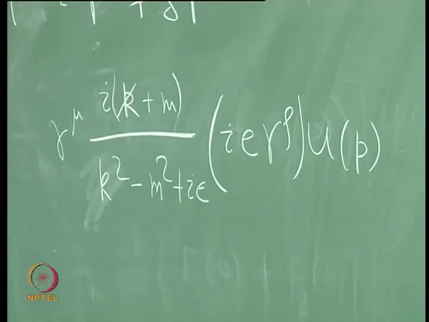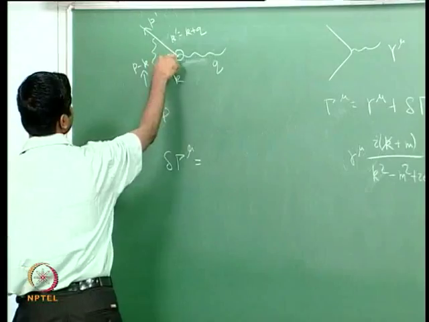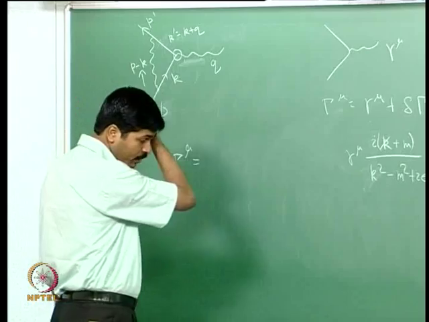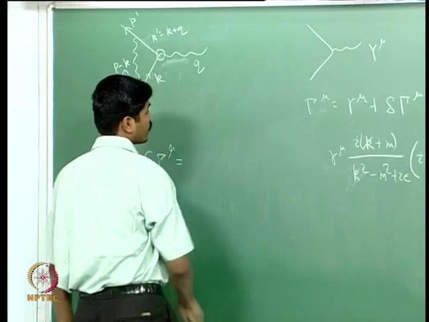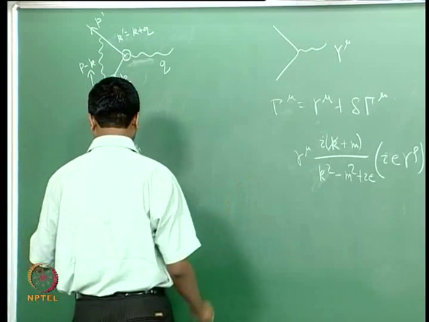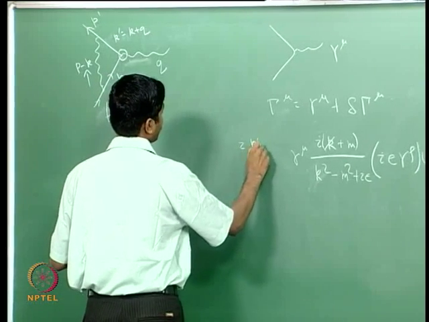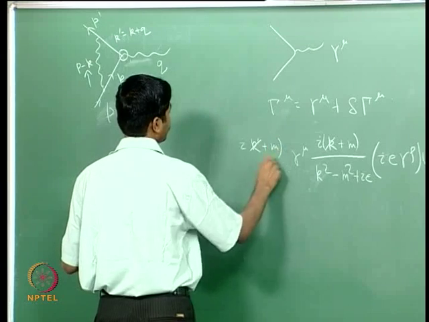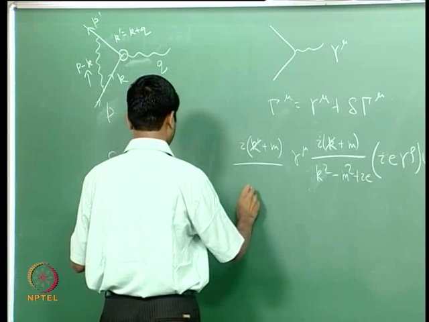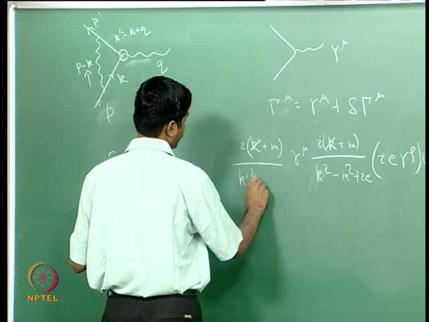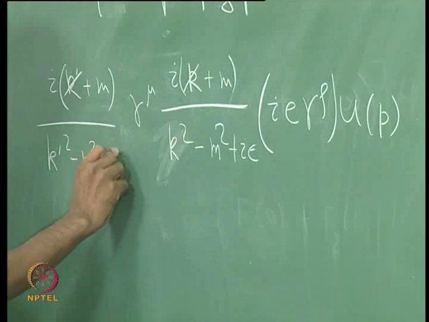And then I have another fermion propagator here, which I will write as i times k prime slash plus m divided by k prime square minus m square plus i epsilon.